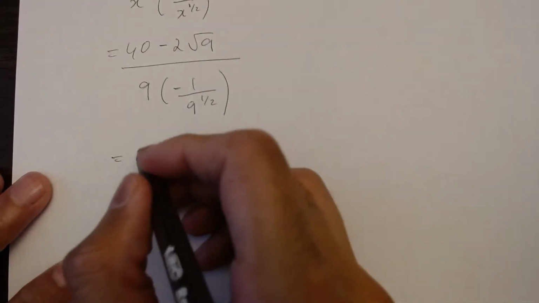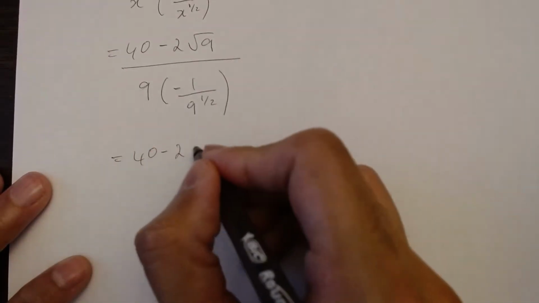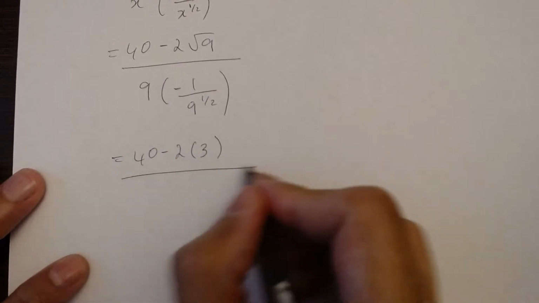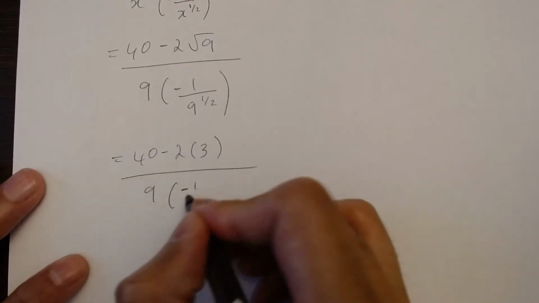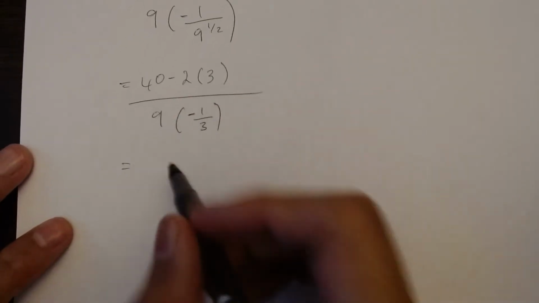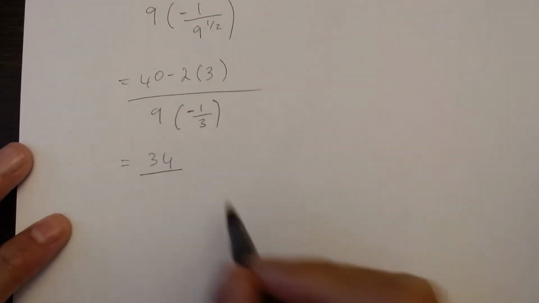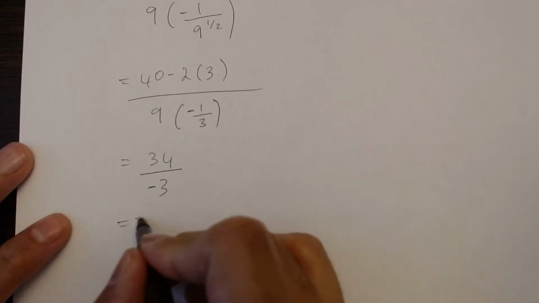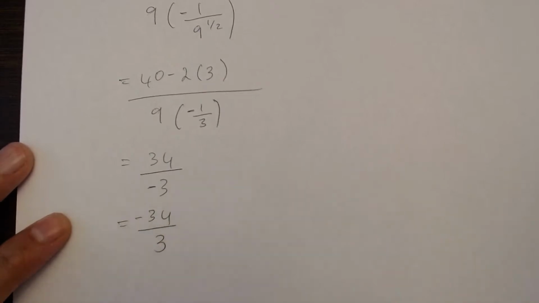You can calculate this, so that's just 40 minus 2 times 3 over 9 times negative 1 over 3, which is just 34 over negative 3, or basically negative 34 over 3.